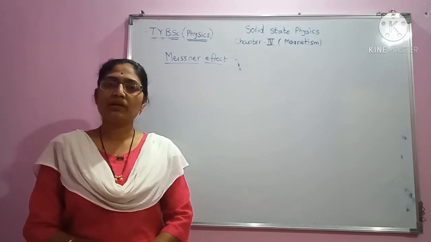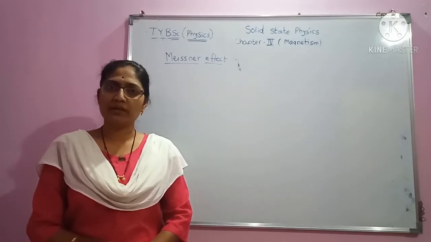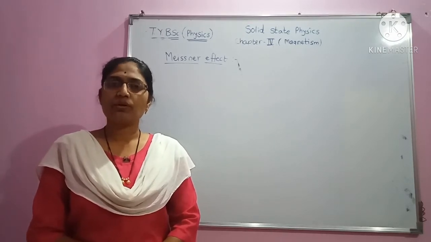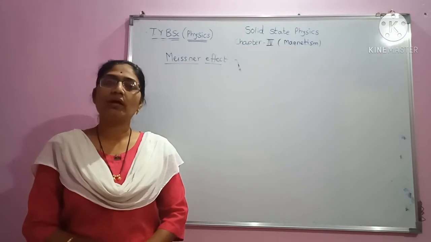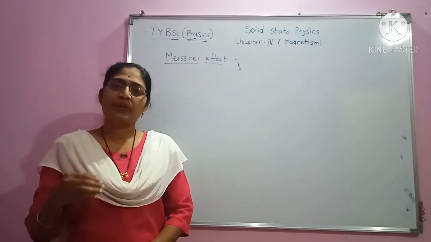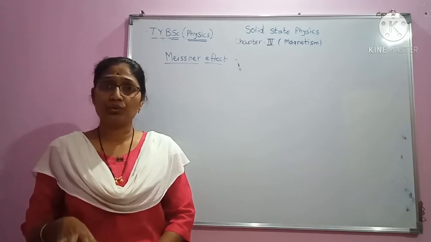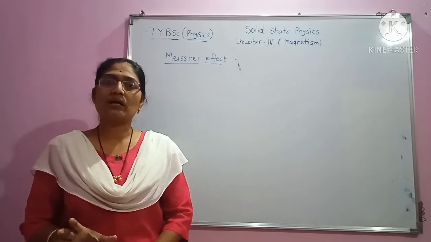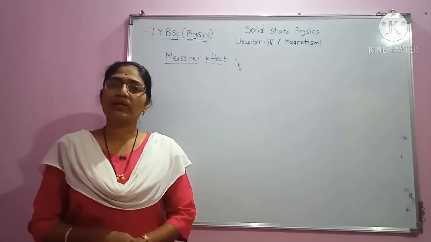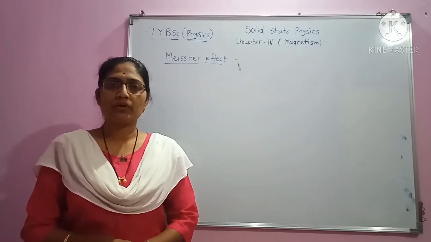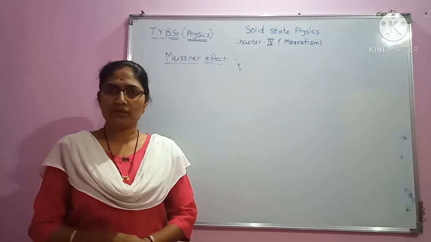But as we decrease the temperature of the material to the critical temperature, or the transition temperature, the magnetic lines of flux will not penetrate through the material, but will start to expel from the interior of the superconducting material, and this property is known as the Meissner effect.